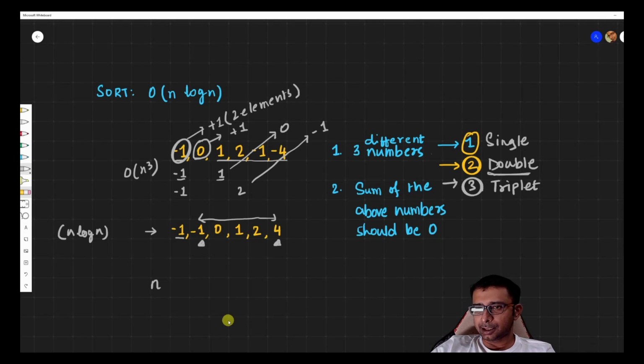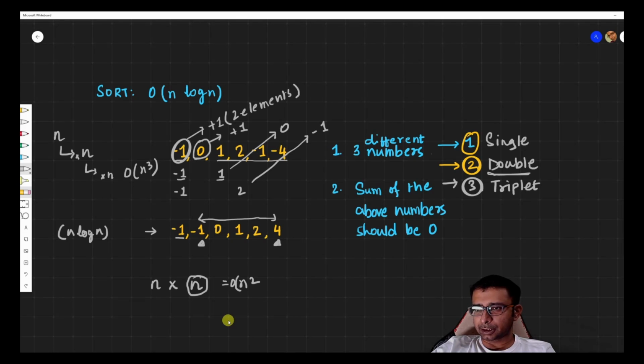So n into n pass. Just because we are sorted, we can just take care of this guy over here. So that will give me an n square, right?